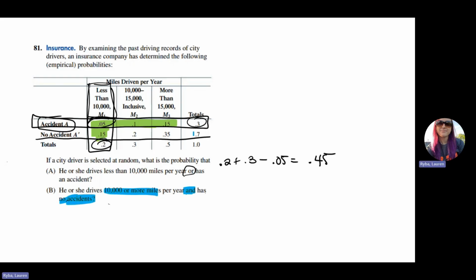So no accidents are down here, right? Only these last two occur driving 10,000 miles or more. I can't include this first one here because that's less than 10,000 miles. 0.2 plus 0.35 is going to give me 0.55, which is the complement to part A.